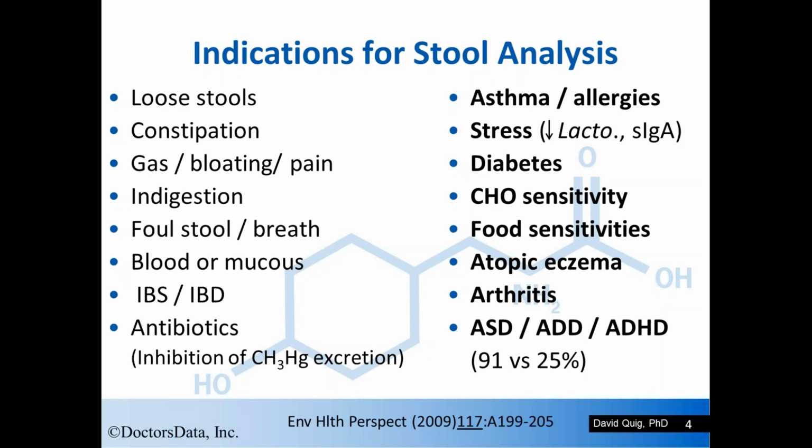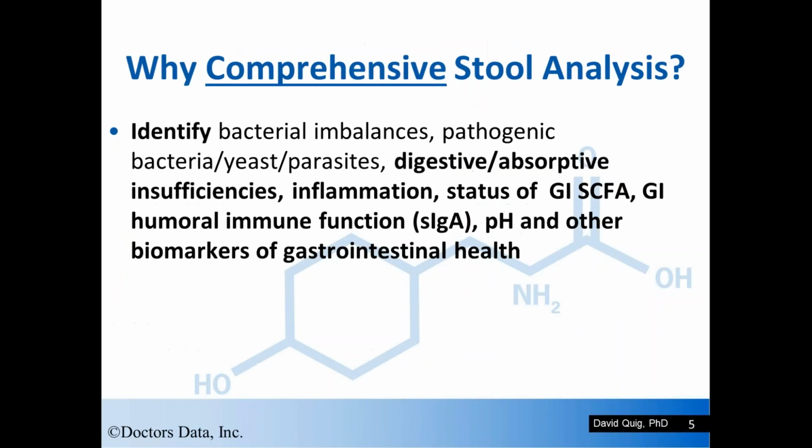Studies have shown that when we compare children on the spectrum to neurotypical children, the dysbiosis is present at about 91% in the autistic children versus about 25% in the neurotypical children. So there are all kinds of indications for stool analysis beyond the gut.